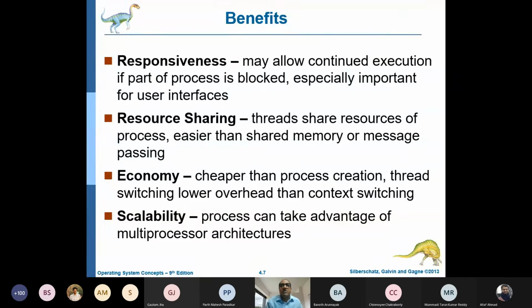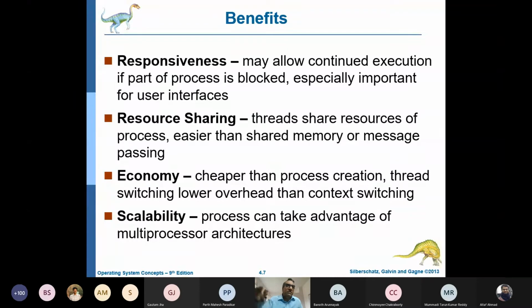Suppose you design the process as a multi-threaded process: then you can have multiple threads, and a specific thread can be allocated for user interaction.